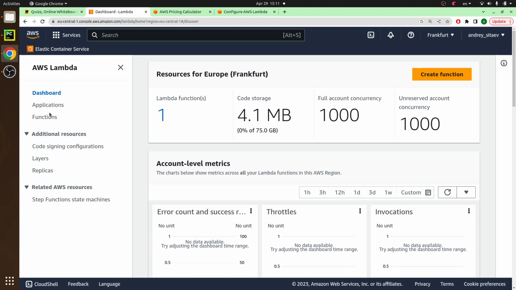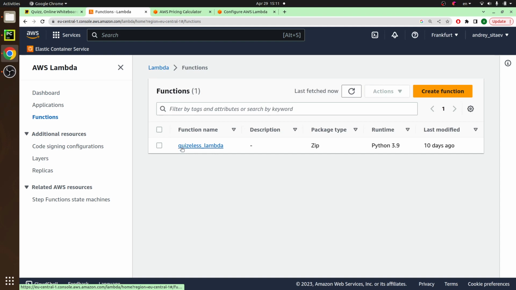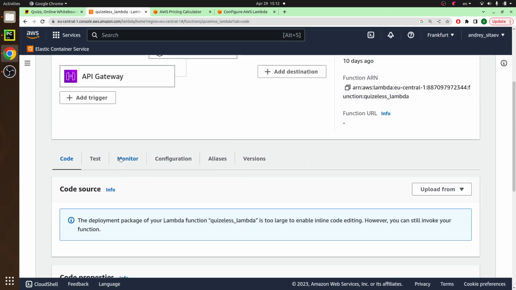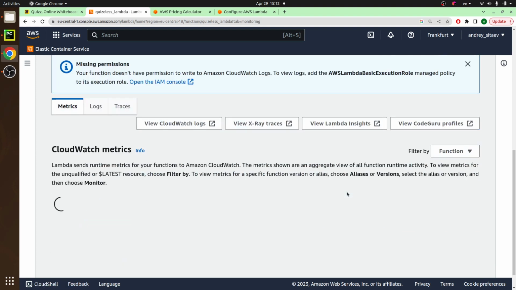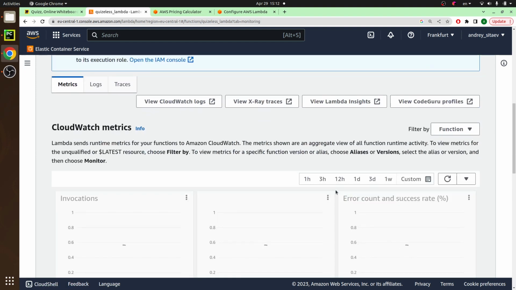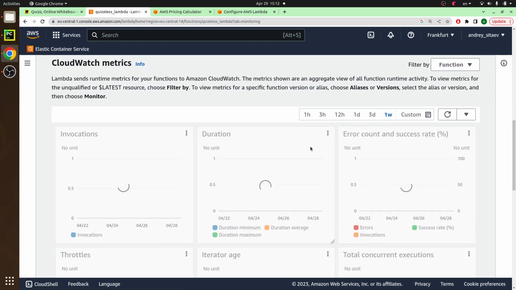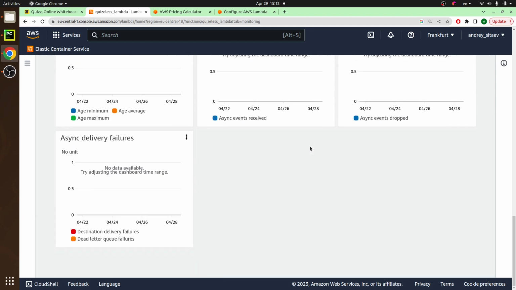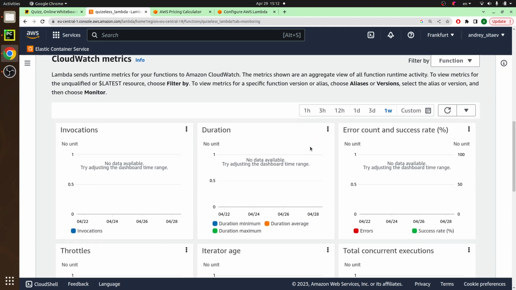So could I go back to functions and select my only Lambda function and check the monitor for the last week? No, no data available. Okay, I spent too much time without running the quiz even once.